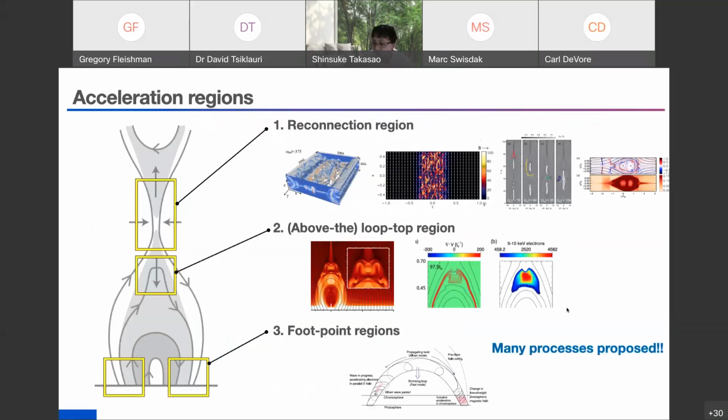I list out the many models proposed so far. We already know many possible mechanisms for electron acceleration, but still we cannot identify the crucial mechanisms.